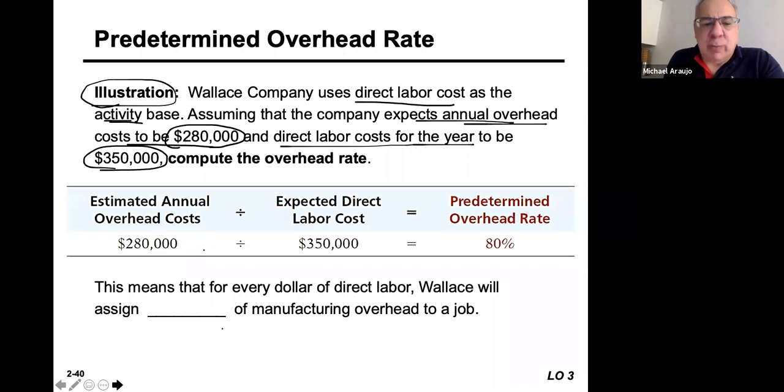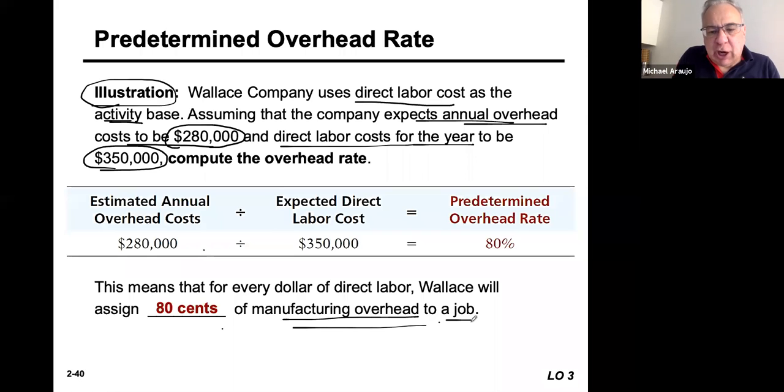Okay, so basically for every dollar they spend on labor for a particular job that's done, they're going to allocate manufacturing overhead at 80% of that number. So 80 cents on the dollar will be basically how they allocate manufacturing overhead to a job in this system. Okay, so this is a very important example.